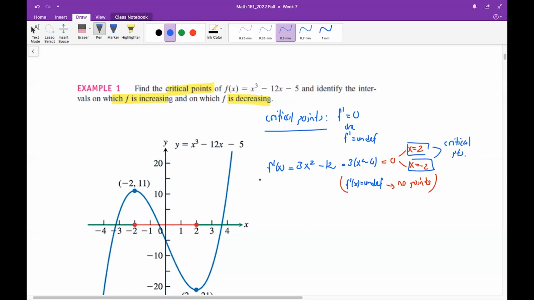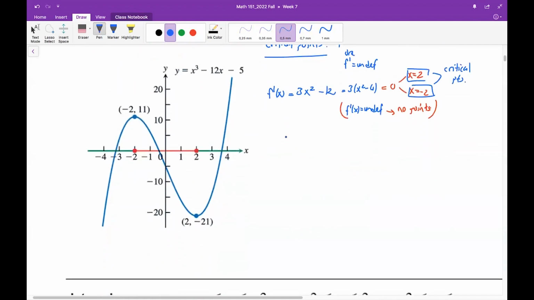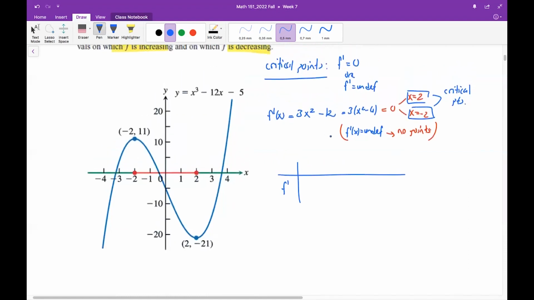Now, we will try to find the intervals over which the first derivative is positive and negative, to decide the increasing and decreasing intervals of the original function. For this, you can create a sign table for the first derivative function. What is a sign table? You will first insert these roots to your table, minus 2 and plus 2.